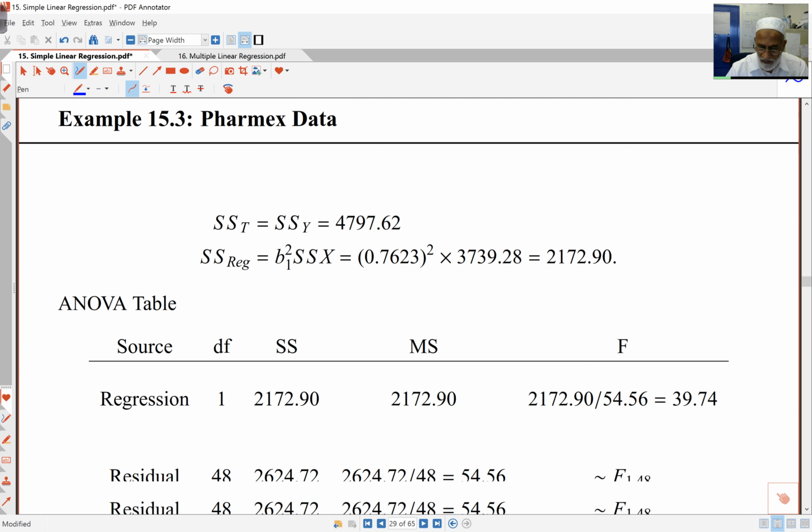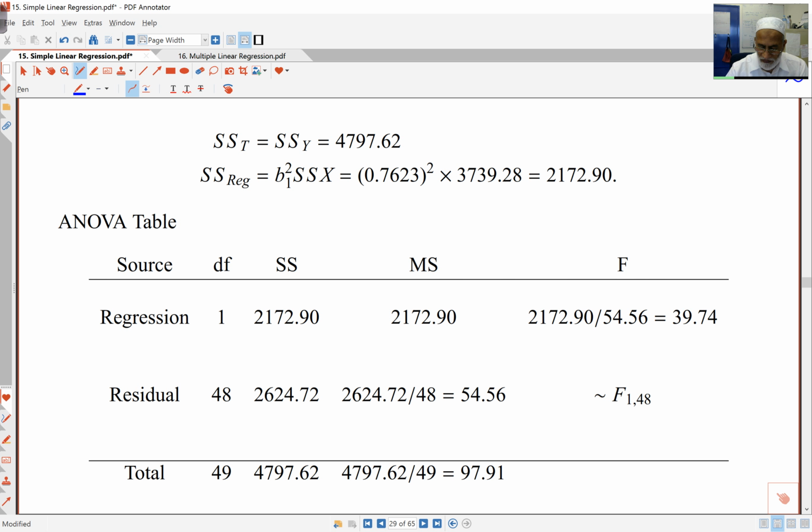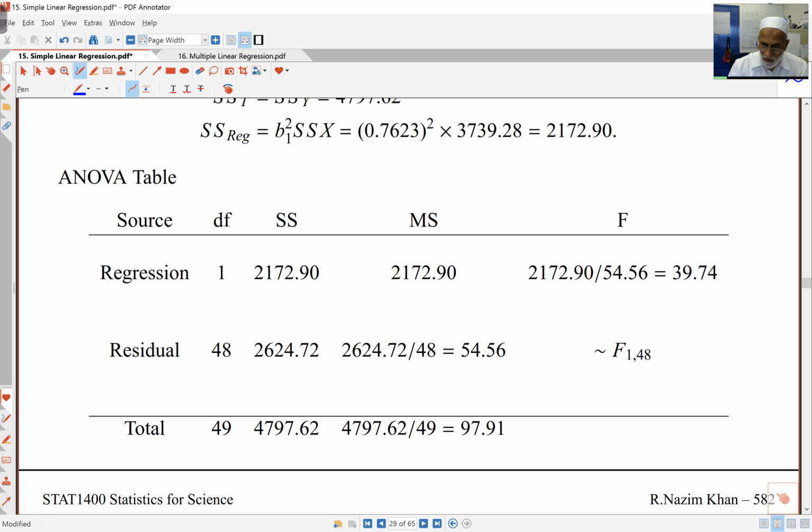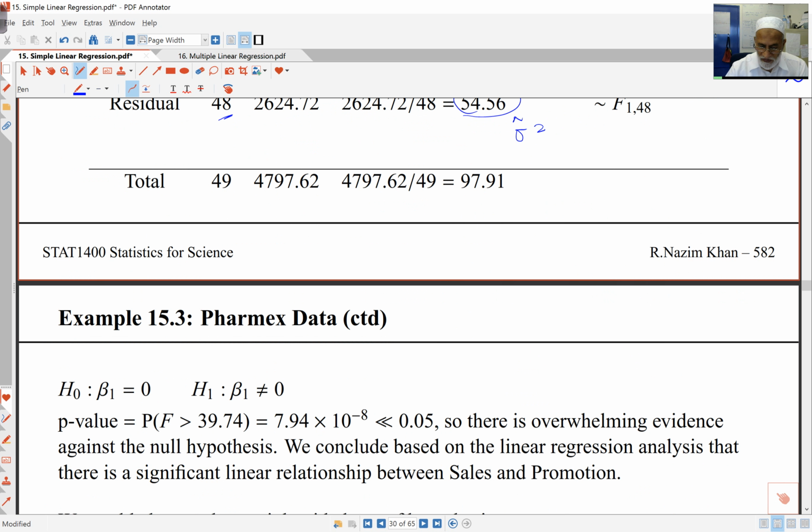In the Pharmax case, this is the total sum of squares we looked at before, SSY, and the regression is B1 squared SSX. These are the calculations, and you will see the table set up here. You can work out the values for yourself. The value for F is 9.74, which is an F distribution with 1 and 48 degrees of freedom. The residual mean square is going to be our estimate of sigma squared for the Pharmax data.